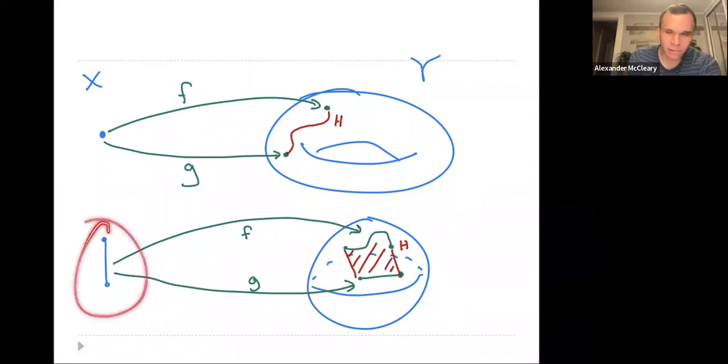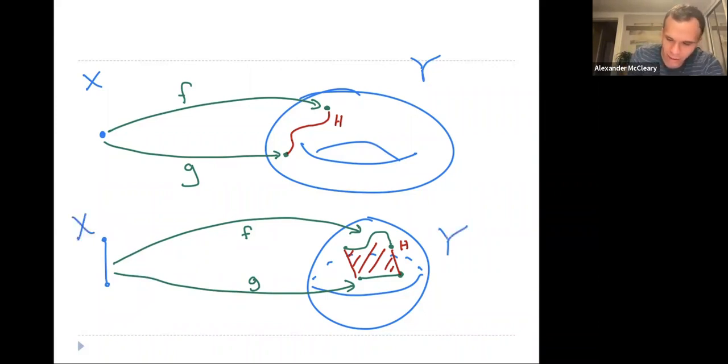In this case here, where our domain X is a little more complicated, we're mapping this interval right here into a sphere, which is Y. F takes this interval here to this sort of interval here, and G takes this interval here to this segment right here.